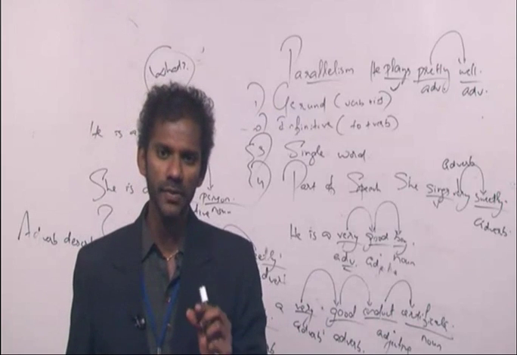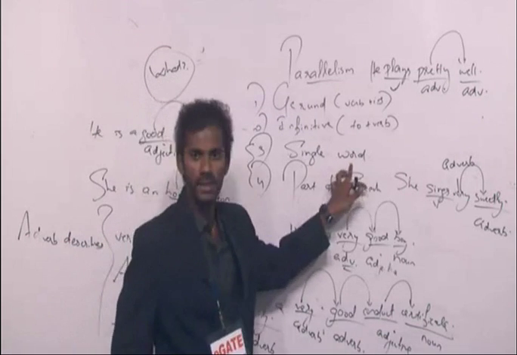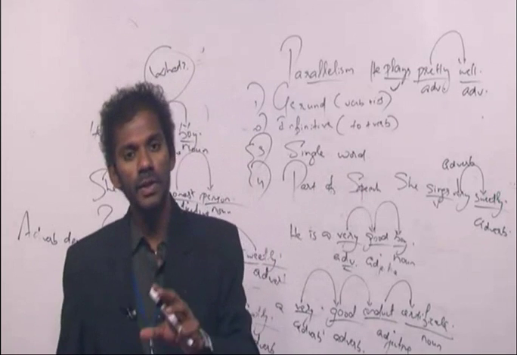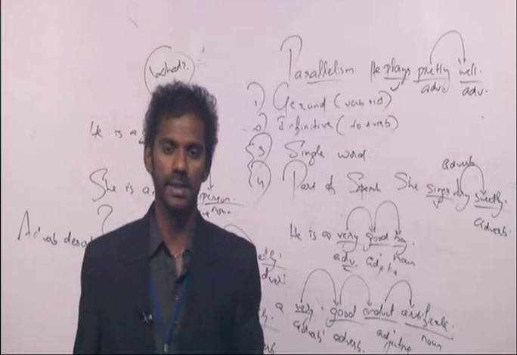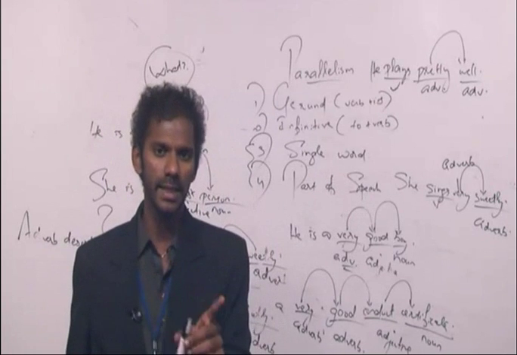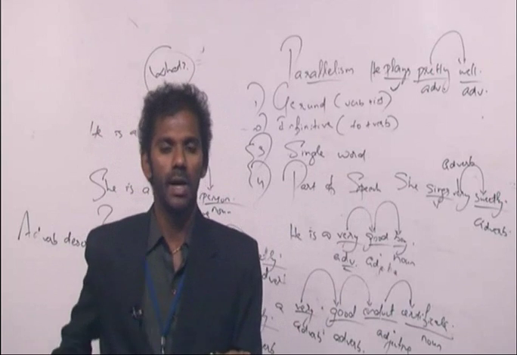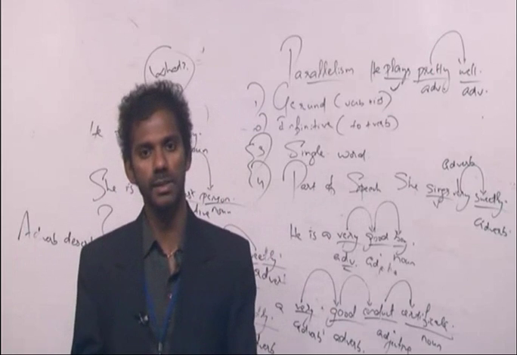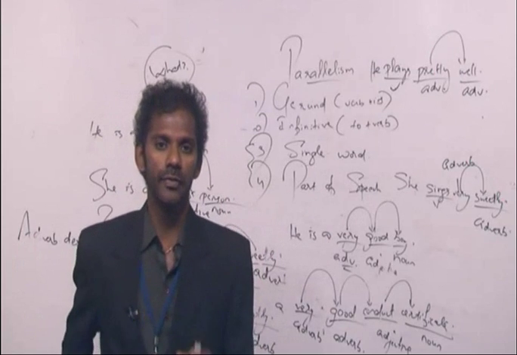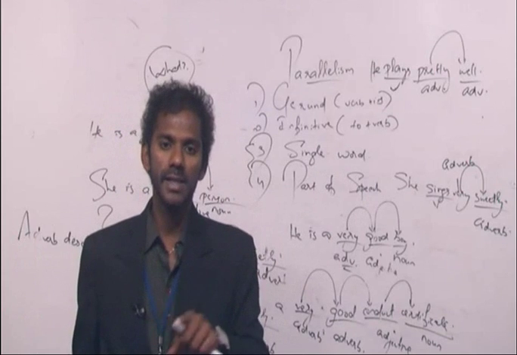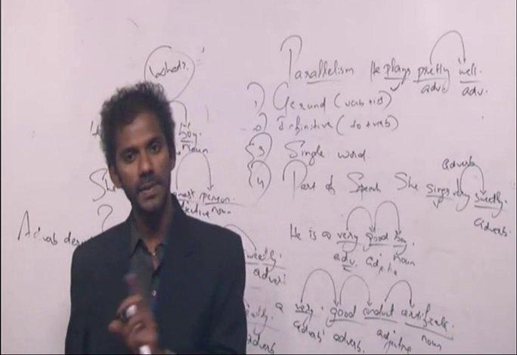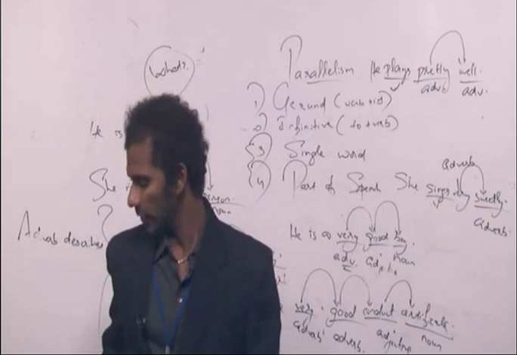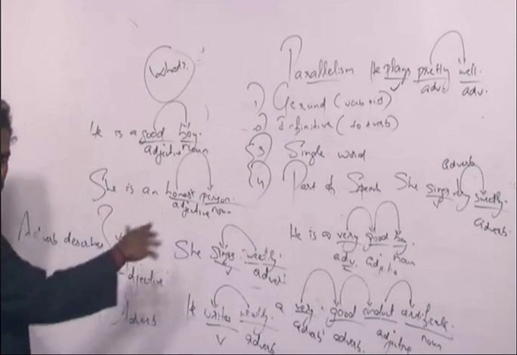That means parts of speech are for words. Clear? So if you find ideas to be single words, you have to look for the parts of speech of those ideas. That means if one idea is a single word and if it is a noun, all the other ideas must also be single words and they must also be nouns. Similarly, if one idea is a single word and if it is an adjective, all the other ideas must also be single words and they must also be adjectives. Clear? Fine. I'll rub this part. Hope you have taken these down.